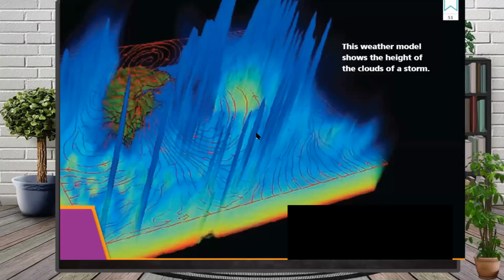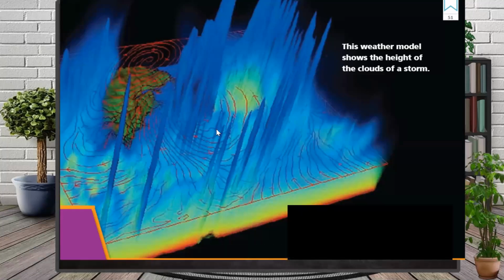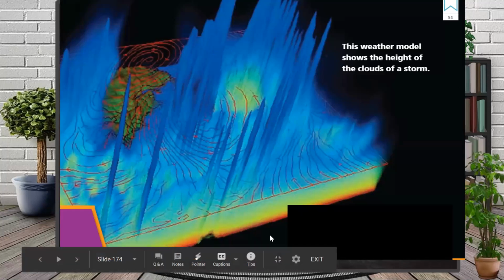So, as we said, this weather model shows the height of the clouds of a storm. Now, can you tell me what kind of model this is? Is it three-dimensional, two-dimensional, or a computer model? Who wants to answer? Let me see who's raising the hand.